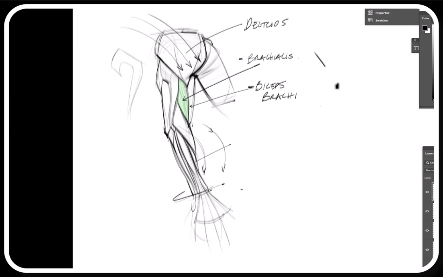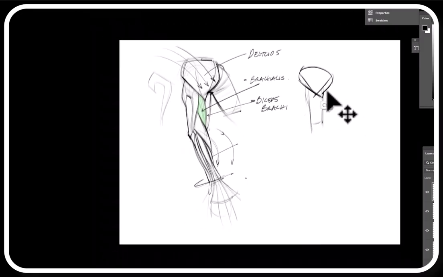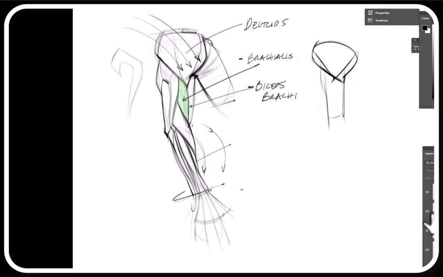So you don't want to do this where you draw the deltoids and the tip of the mass of the deltoids is in the middle of the mass of the arm, because that's not right. It's going to be more oriented near the front of the arm.